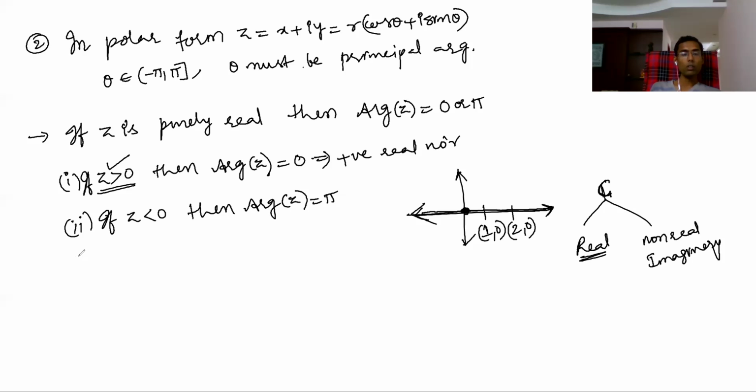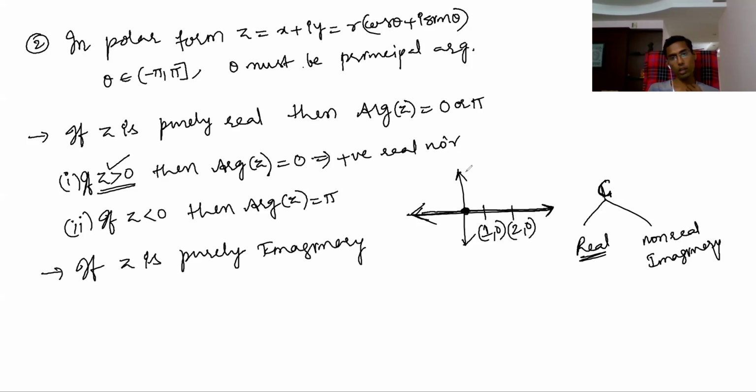Next, if z is purely imaginary, that means z will be on the imaginary axis, the y-axis. So if z is purely imaginary, then what will happen?